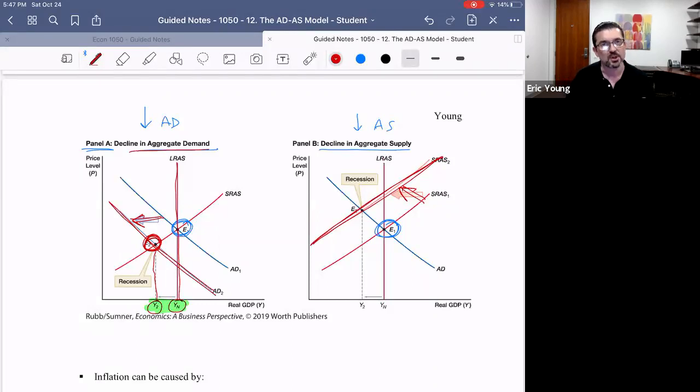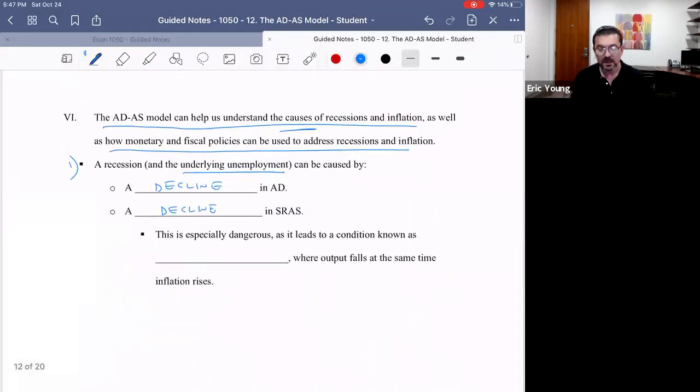And predictably, as you can now guess, you see a new equilibrium, short run. And if you drop it down, you can see that our new actual output here in red is going to fall short of the LRAS potential output. And once again, we have another recessionary gap, okay? So there's two ways that we can have recessions: a fall in AD or a fall in AS.